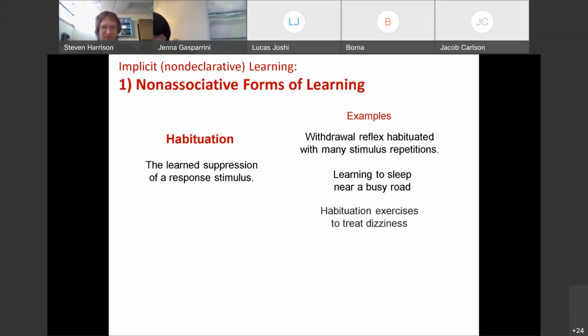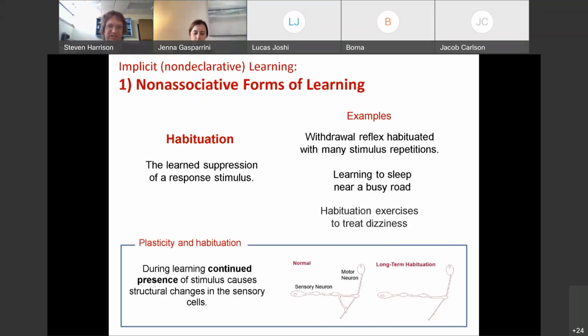In the context of rehabilitation, there are habituation exercises in the context of treating dizziness.